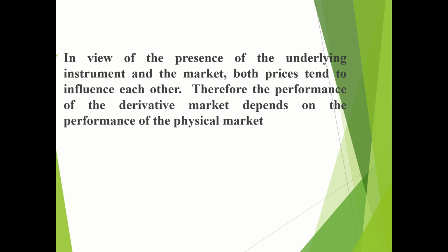Are you a trader in the cash market or a trader in the derivative market? Therefore, the performance of the derivative market highly depends on the performance of the physical or underlying market. When I say physical in this case, I mean the underlying market, the market where the mother is traded.